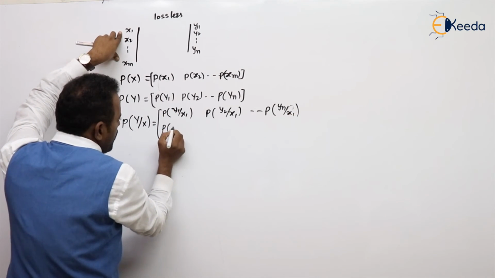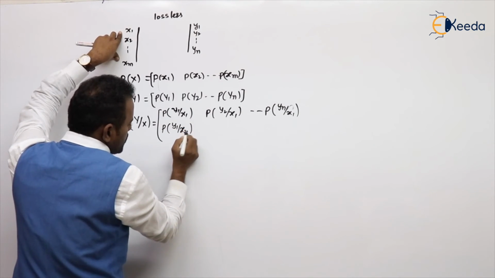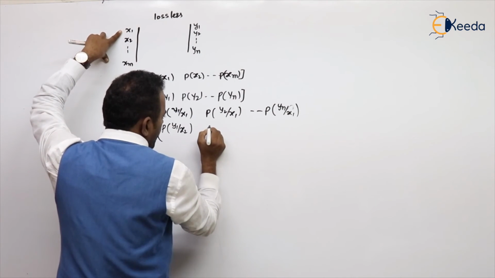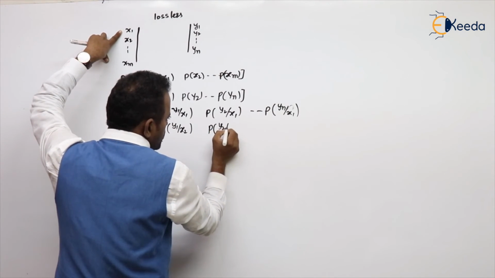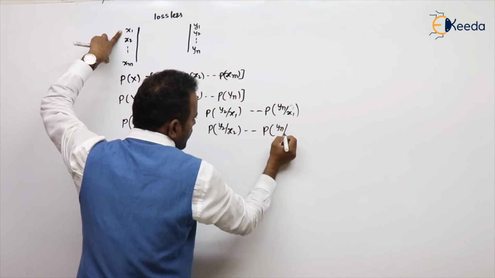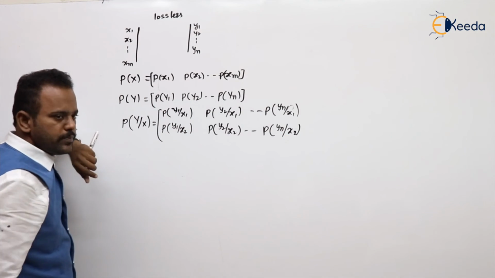Second row, probability of receiving y1 when you transmit x2, y2 when you transmit x2, yn when you transmit x2.